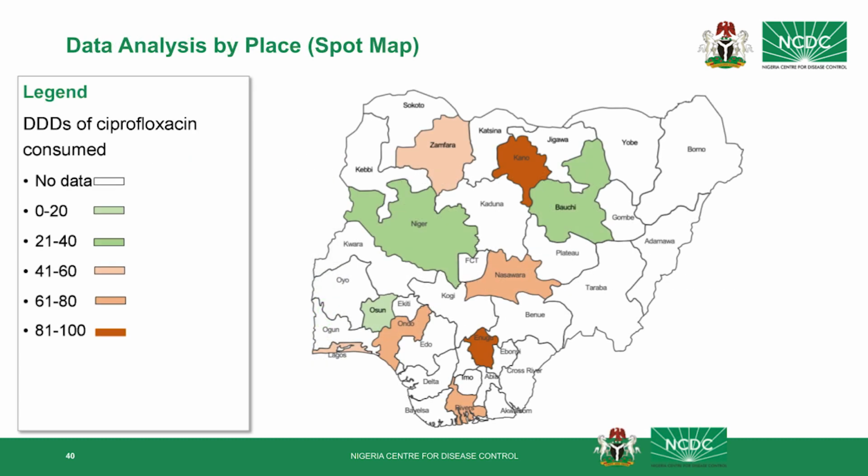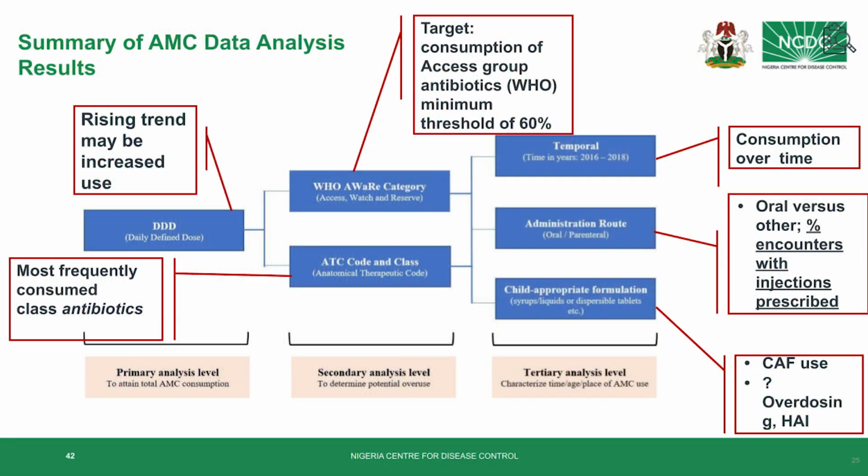So as you can see, as earlier established in the study conducted in the EU/EEA, this is an example of presentation of data analyzed in Nigeria, and so there is different color coding to show the intensity of use of antimicrobial agents. So as you can see, this is a summary of antimicrobial consumption data analysis results.